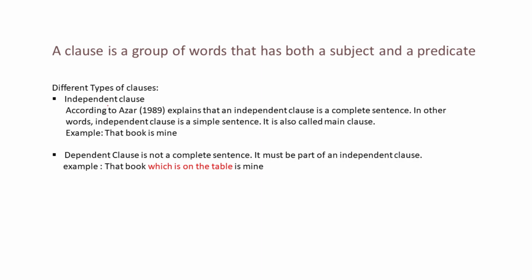It is a dependent clause. Which is on the table cannot stand alone and it doesn't have complete meaning. So, we can conclude that which is on the table is a dependent clause and that book is mine is an independent clause.